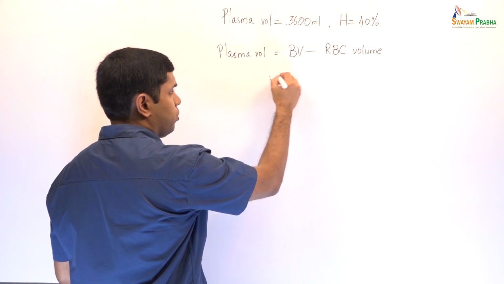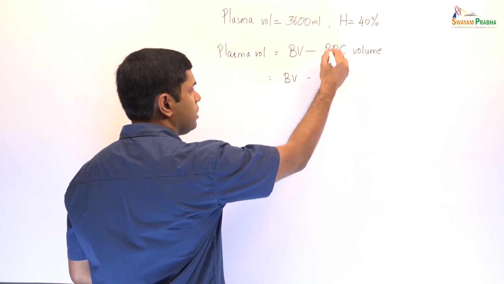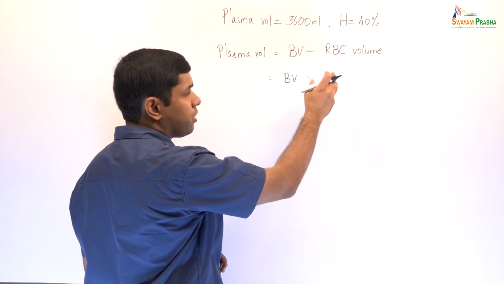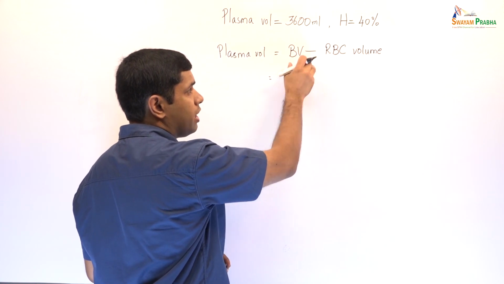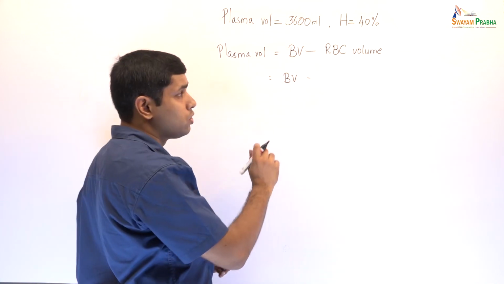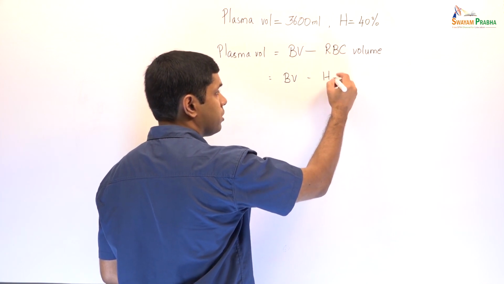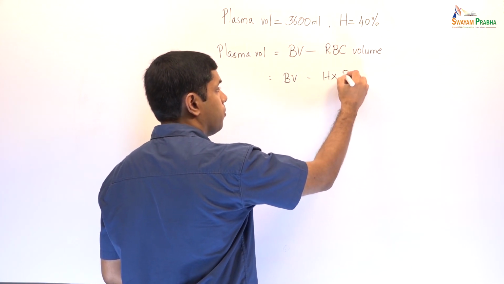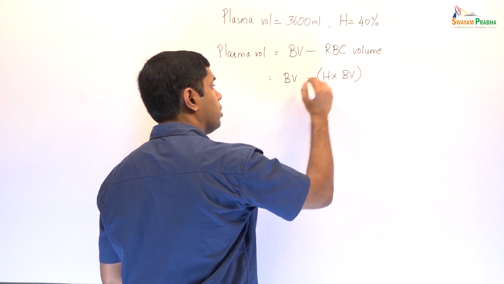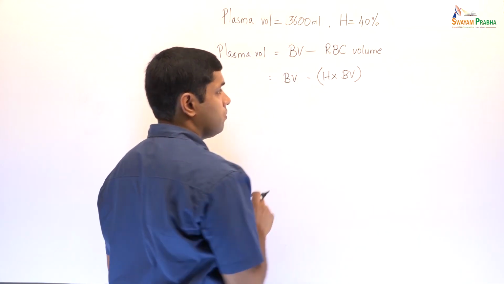Now, this RBC volume, we know that 40% of the blood volume is RBC volume. So we are going to say that this RBC volume is the hematocrit times blood volume.